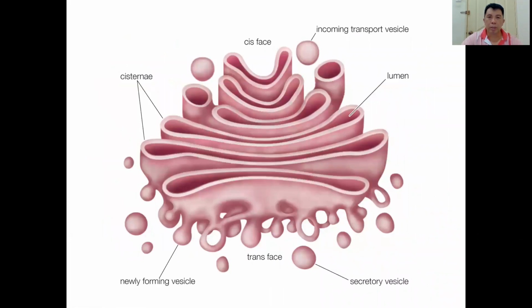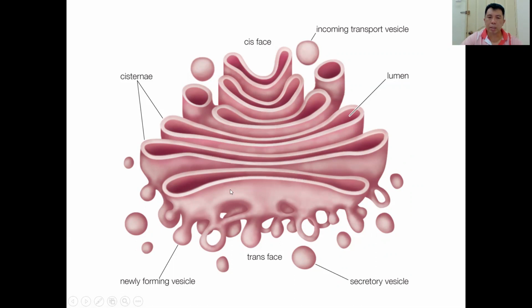So like this one, this here is a cis phase that is near to the nucleus. So here is, for example, the nucleus, and then they have the ER, so the RER, and then they have the transport vesicle. So the transport vesicles will fuse to the Golgi apparatus. So this is the cis phase.